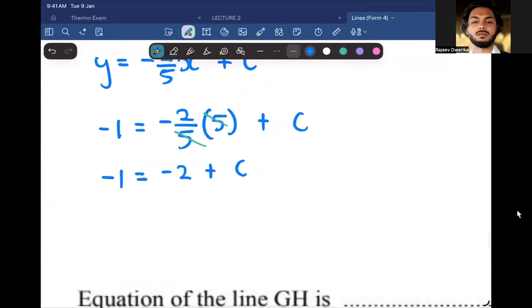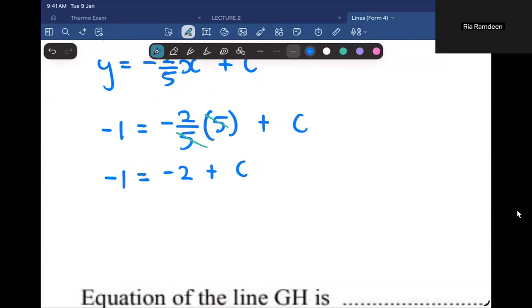What's the next step? We want to find c, so we could swap it. Minus 2 plus c equals negative 1. What's the next step? We carry the negative 2 across.